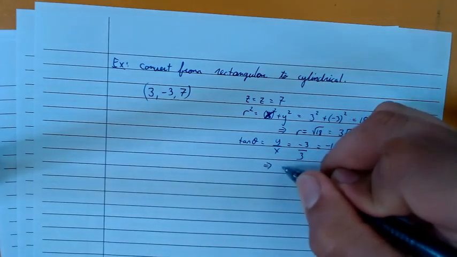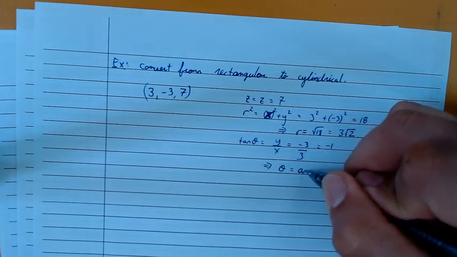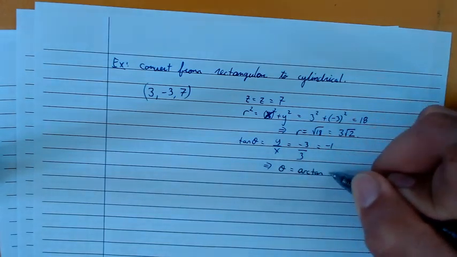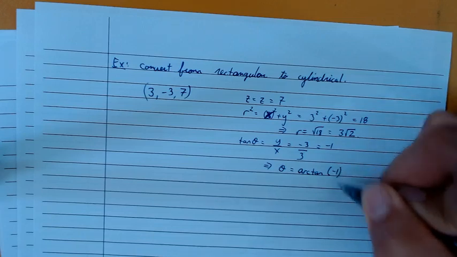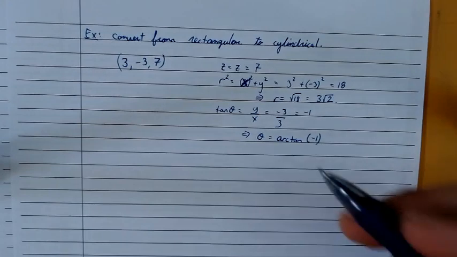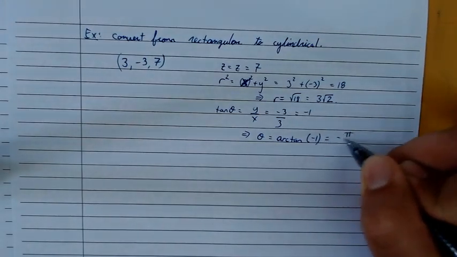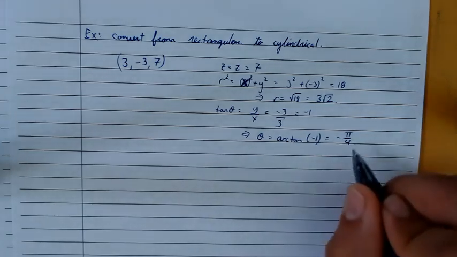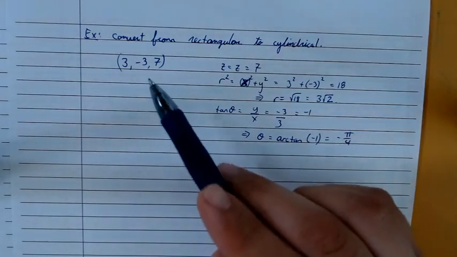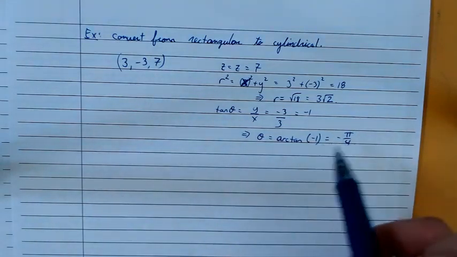Which implies that theta must equal the arctangent, the inverse tangent, whichever you want to call it, of minus 1. And the arctangent of minus 1 is negative pi over 4. We can also do degrees, but by convention all these things are being done in radians anyway, so I'll stick with the convention.